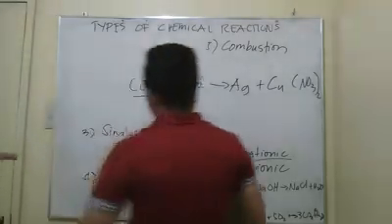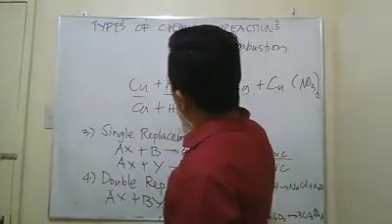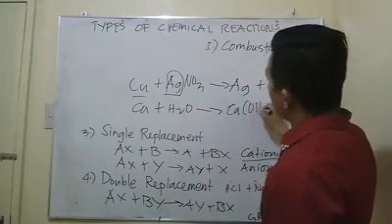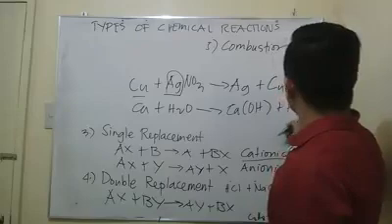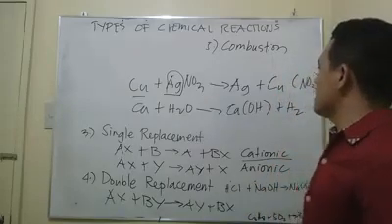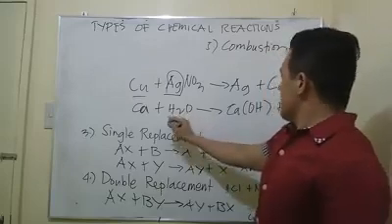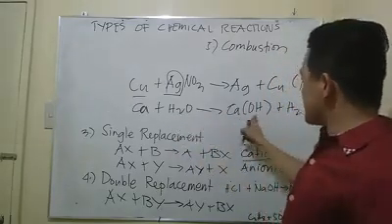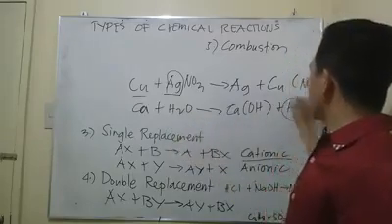Another example would be calcium plus water yields calcium hydroxide plus hydrogen gas. So calcium replaces the H in water, which leaves another OH, and then we have hydrogen gas.